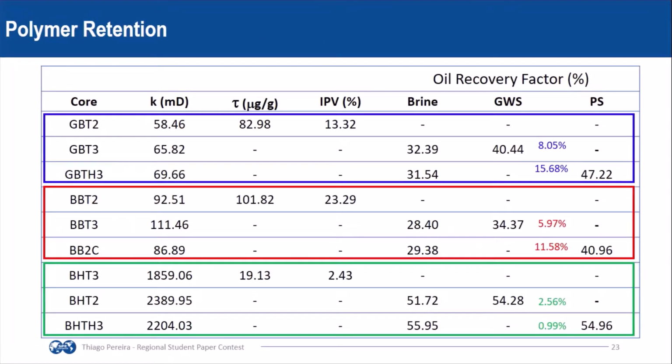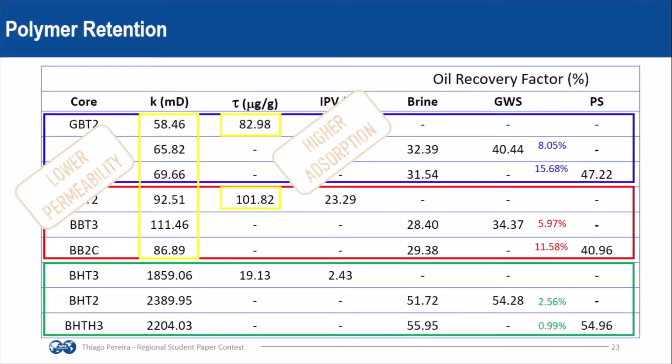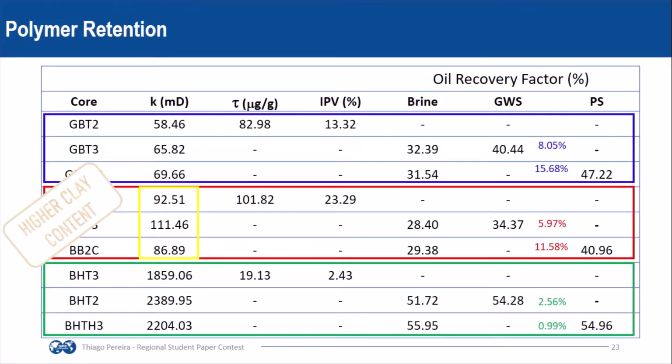The results of all tests are presented in this table. Here, we can better analyze the relationship between polymer retention, core permeability, mineralogical composition, and inaccessible pore volume. The lower the permeability, the higher the retention. The higher the clay content, the higher the retention.